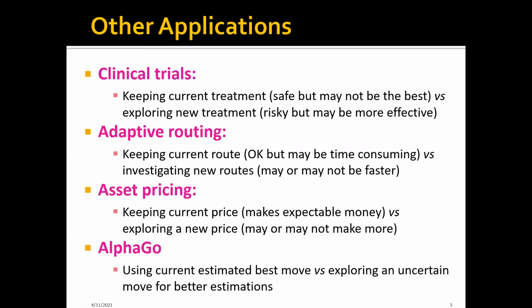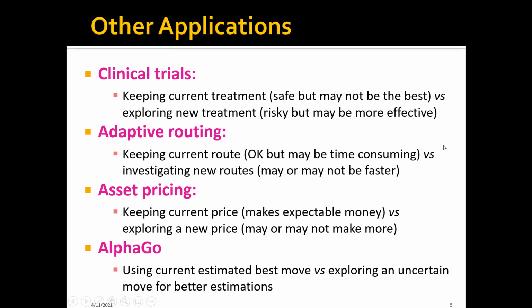Other applications besides web advertisement include clinical trials, where you need to choose between keeping the current treatment or exploring a new treatment. If you keep the current treatment, this is safe, but it may not be the best treatment. But if you decide to explore a new treatment, it can be risky, but it can also be more effective than the current treatment.